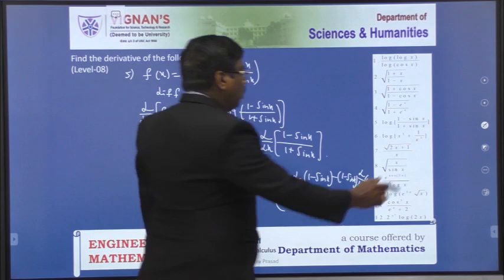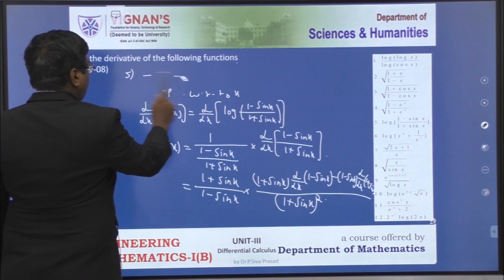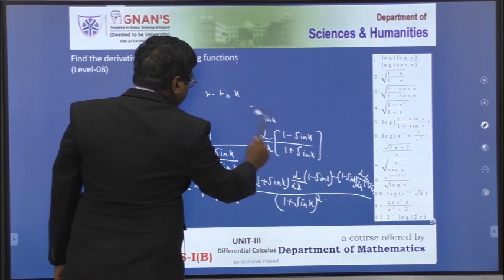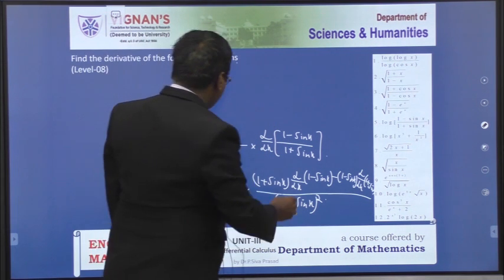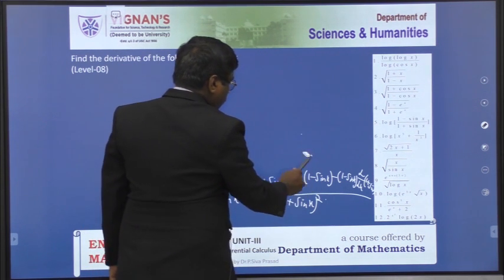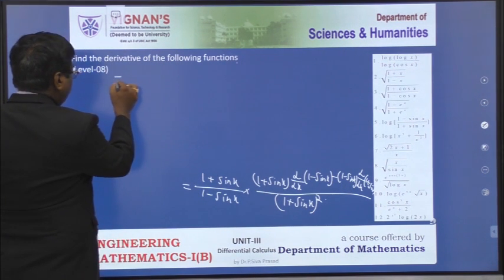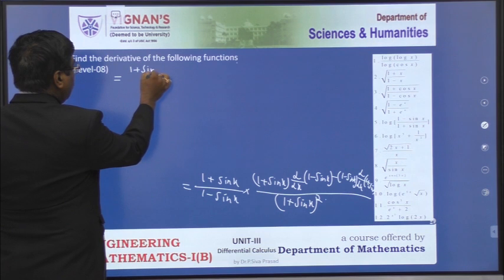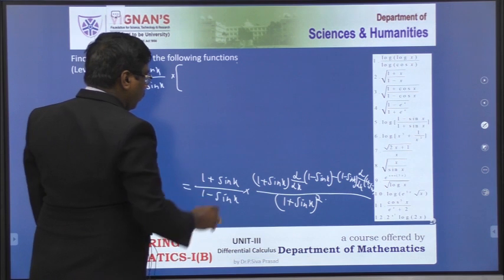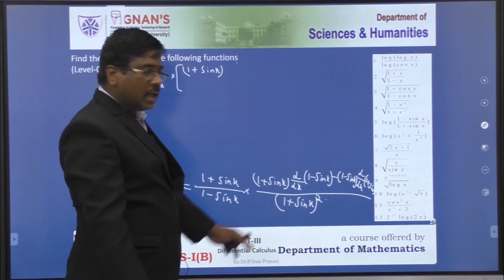Now, after simplification that we will be getting here, this is equal to (1 plus sin x) by (1 minus sin x) into, then this is (1 plus sin x) into d by dx of (1 minus sin x).